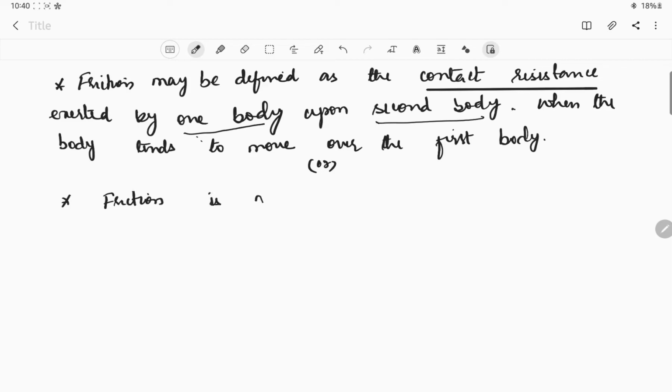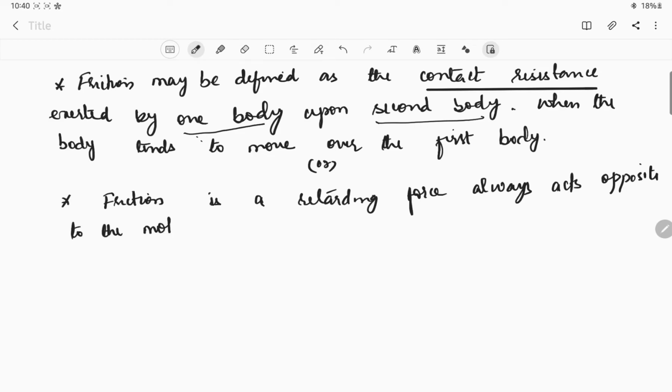Okay, now another definition is, friction is a retarding force. Retarding is nothing but reducing. Retarding force always acts opposite to the motion of the moving body.